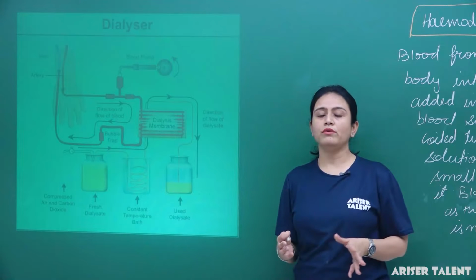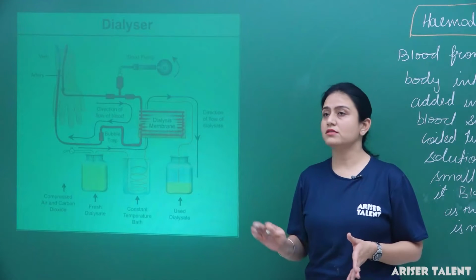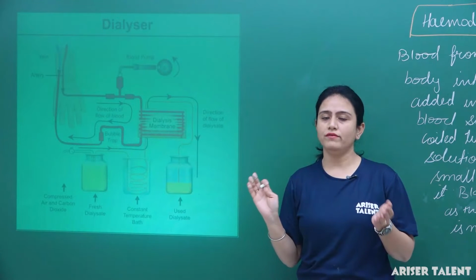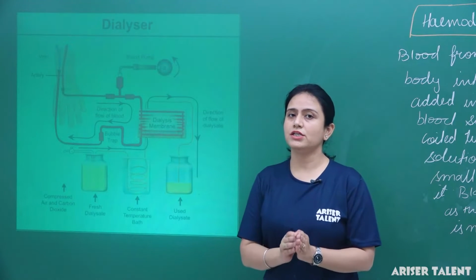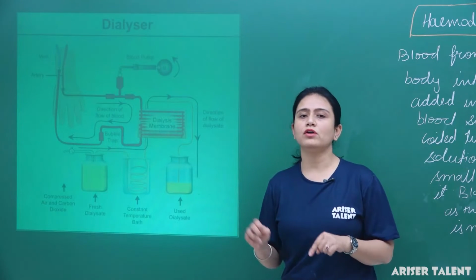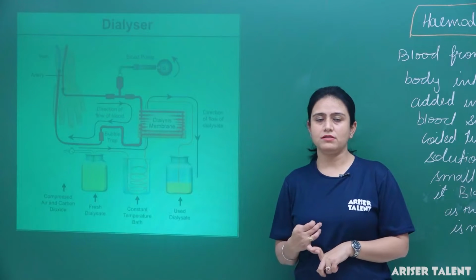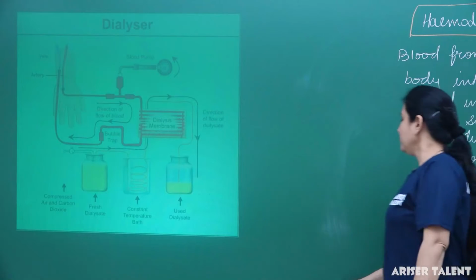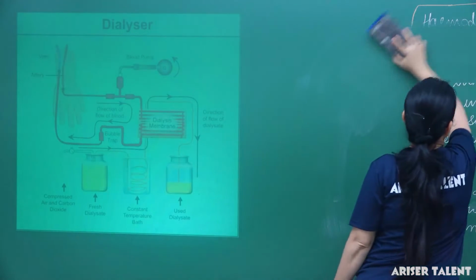Now we will talk about excretion in plants. This is the complete process of excretion in the human body. We have completed the excretion of the human body. Now we are going to talk about excretion in plants.